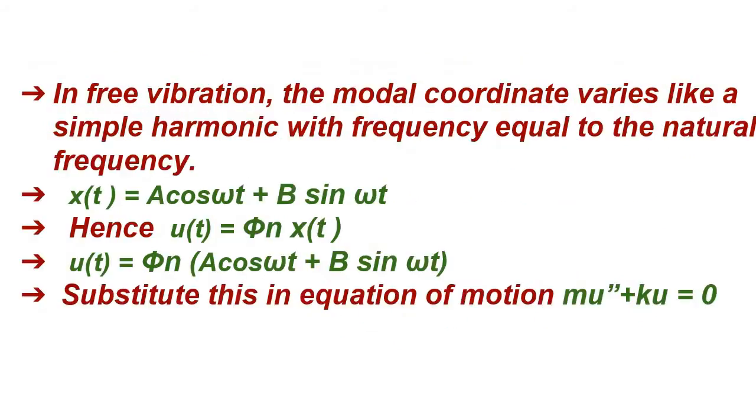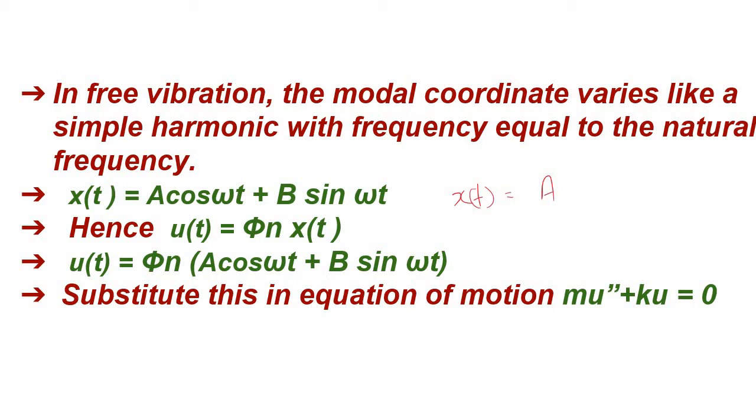Now you can see in a free vibration analysis, the modal coordinate varies like a simple harmonic with a frequency equal to the natural frequency. This equation I think you have all seen, x of t is equal to a cos omega t plus b sin omega t.